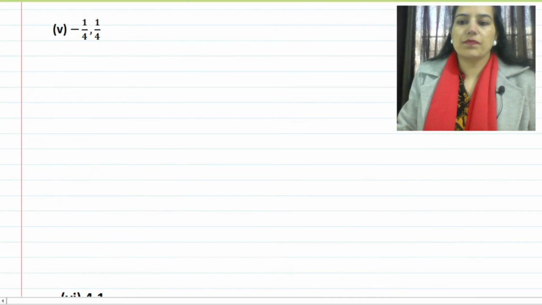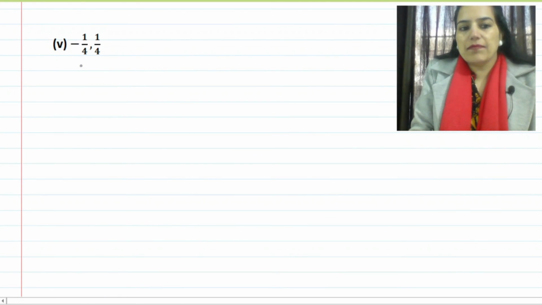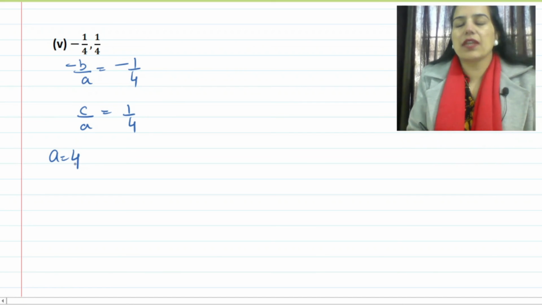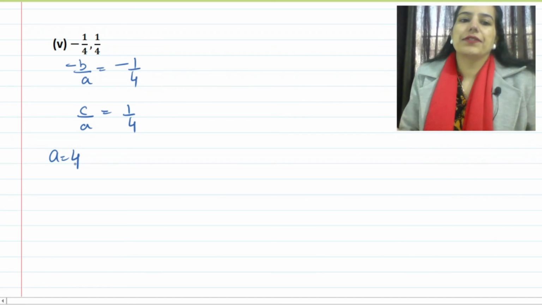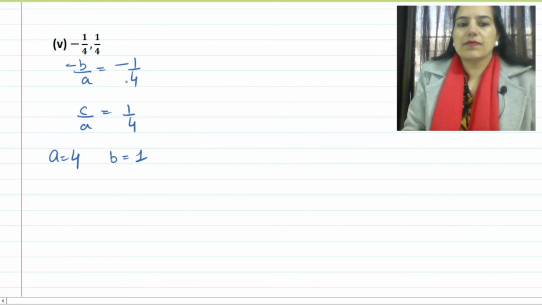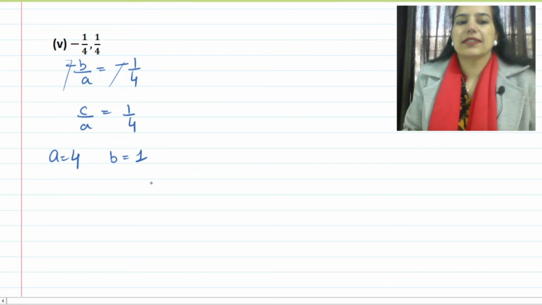Next, minus 1 by 4 and 1 by 4. So here I'll write straight away minus b by a is minus 1 by 4 and c by a is 1 by 4. Now in both the cases a is 4. So I don't have to make the fractions equivalent through the denominator. a is 4, so b will be 1 because this minus and minus sign will get cancelled.